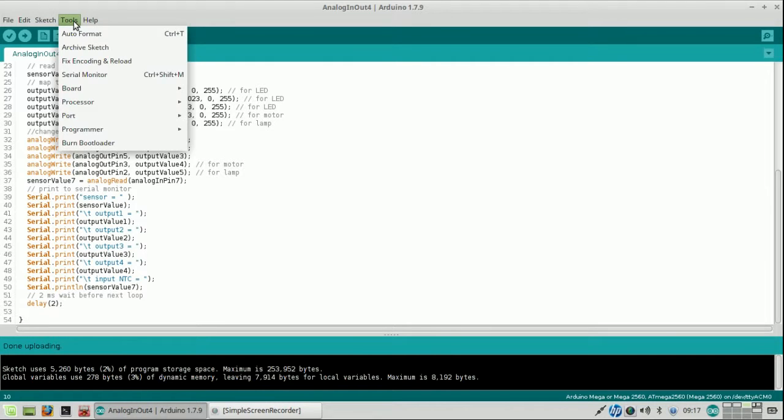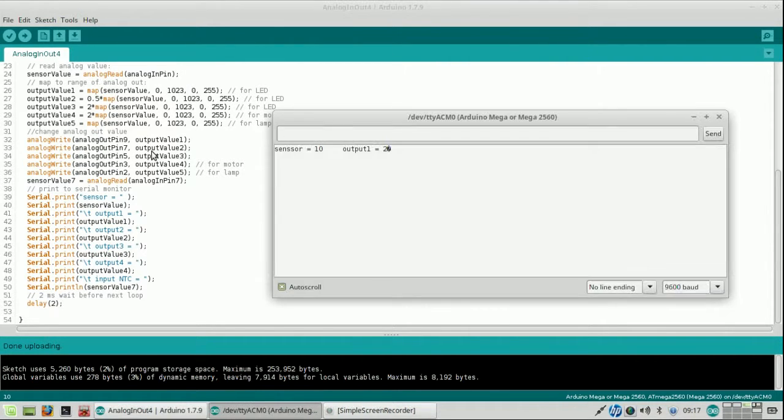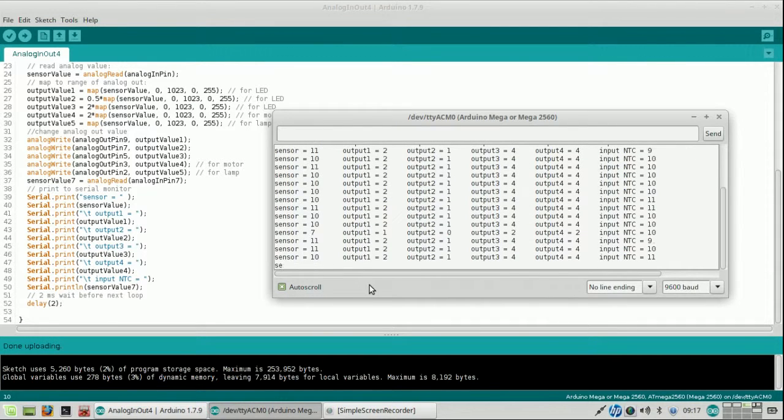So let's first look at it without the fan running, and what we can see is that the value is primarily 10.